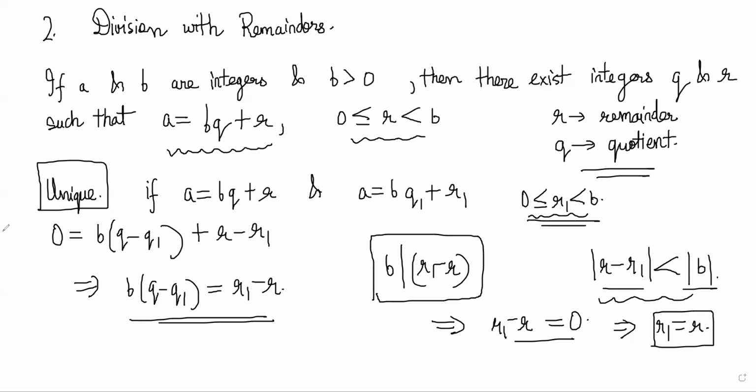Okay, now one way to write the quotient here, where q was the quotient, and if r is 0, we say that a is divisible by b.